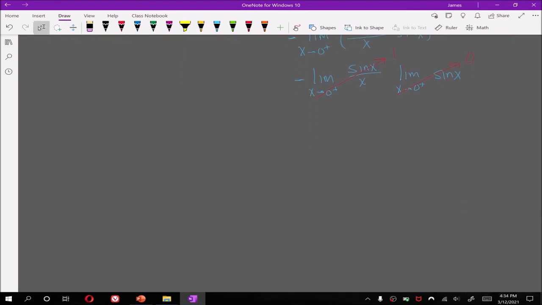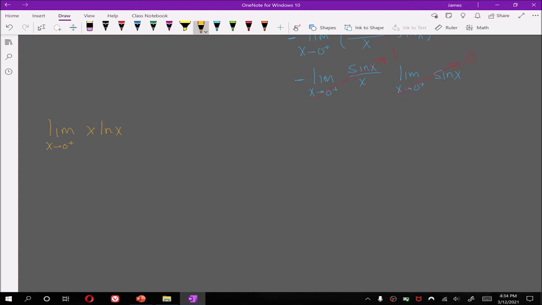Okay. Next, let's look at the limit as x approaches 0 from the right of x times the natural log of x. Now, if we plug in 0 from the right, we get 0 times negative infinity. This does not fit one of the two forms required for L'Hopital.